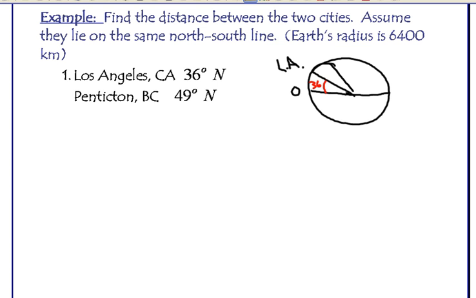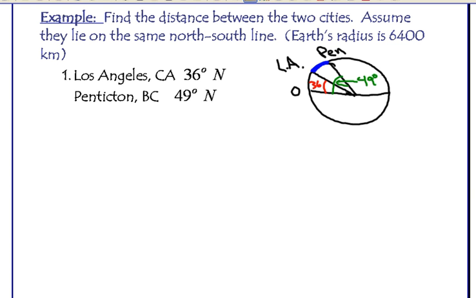And so we'll have that here. We'll just go PET. And that angle is 49 degrees. And that's the bigger angle from the equator up. Is 49 degrees. Well, if you look at this, we're trying to find the distance between Los Angeles and Pennington, we're looking for that little part of the circle.